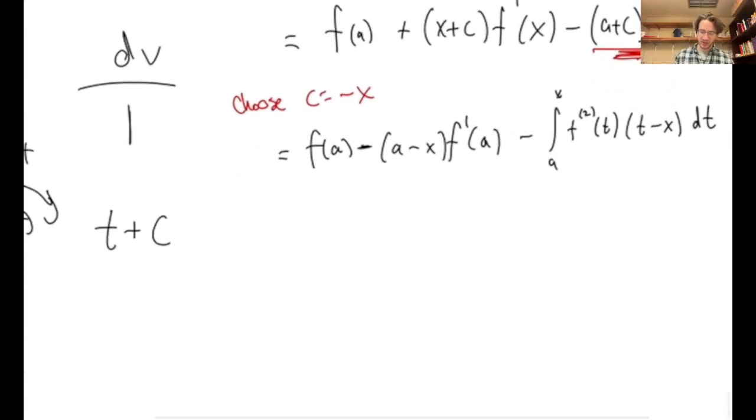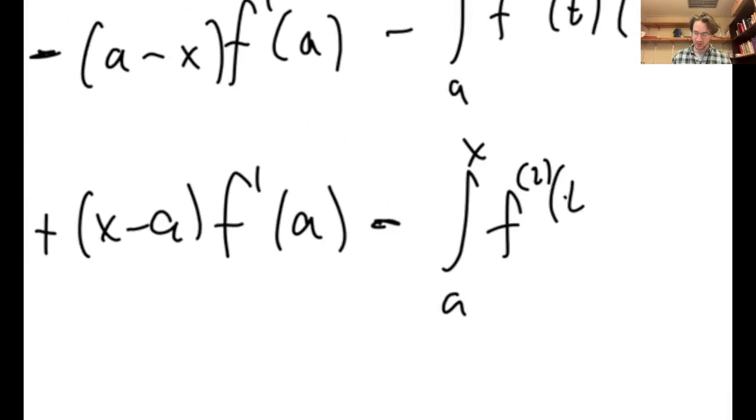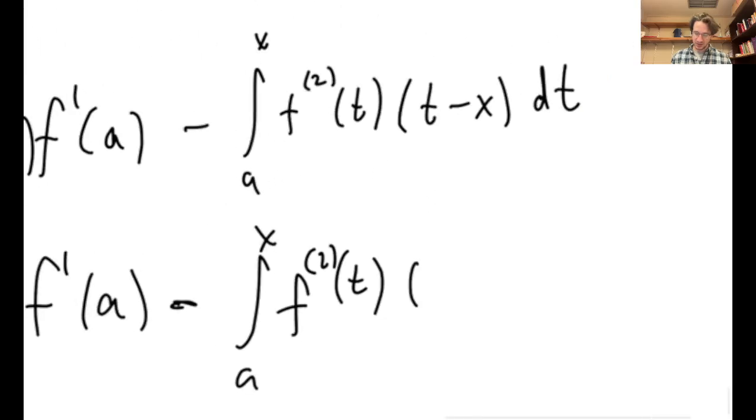And now let's distribute some negatives. This looks like f of a plus x minus a, f prime of a, and then plus the integral from a to, well, actually, we can just leave it as, let me replace c with minus x. And I'm just going to leave that in that form. So minus the integral from a to x of f double prime of t times t minus x dt.